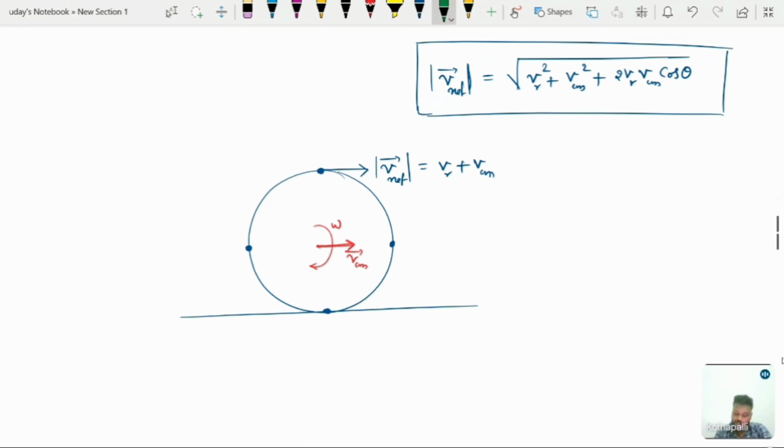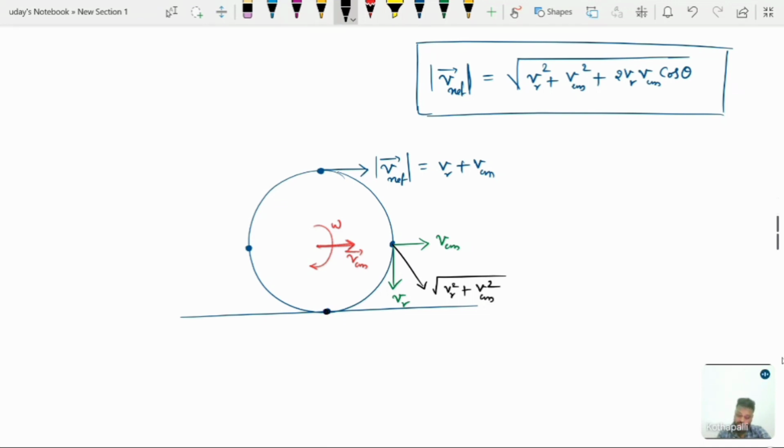At this point, VCM will be towards the right and VR will be downwards if it is rotating in the clockwise direction. The resultant velocity will be root over VR square plus VCM square.